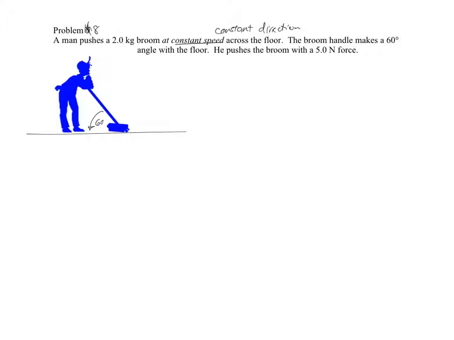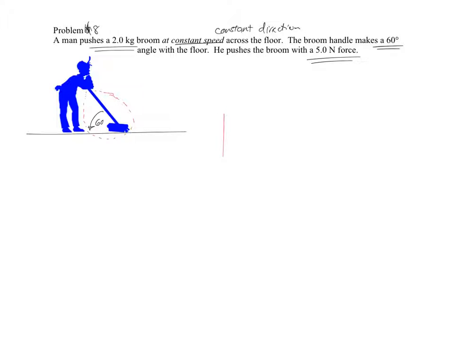Okay, so I know the applied force by the person, and I know the mass of the object. So the broom, I guess, is this whole thing. That's my system, right? That's the whole thing.